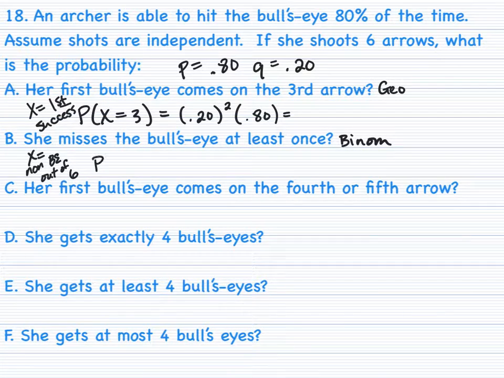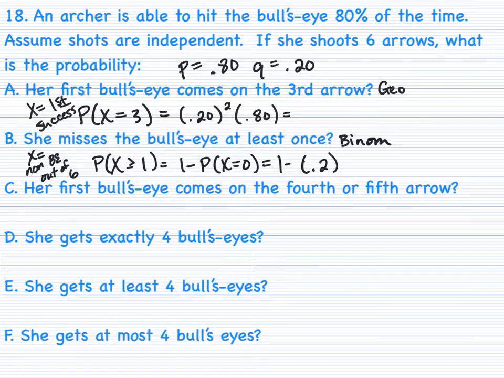Okay, so the probability that X is at least once, so missing at least once, is 1 minus the probability that she misses none. So 1 minus, that would be 0.2 to the 6th. So she misses every single time, versus missing at least once.